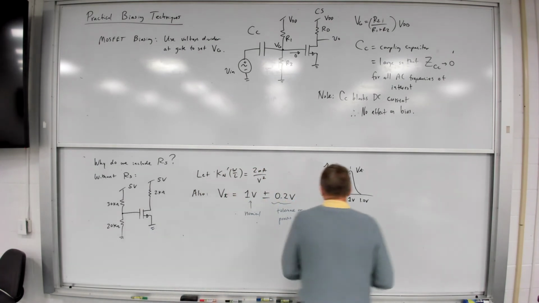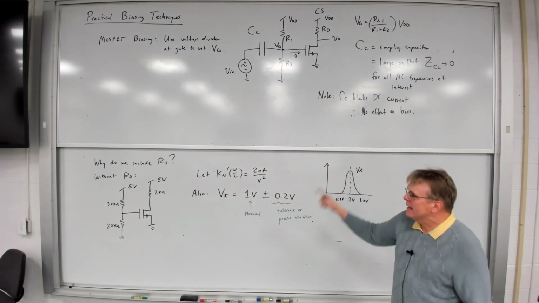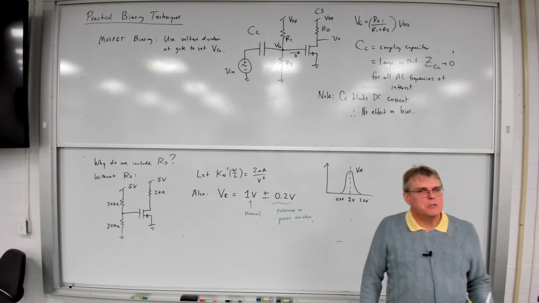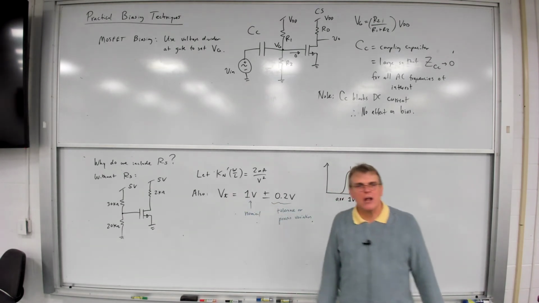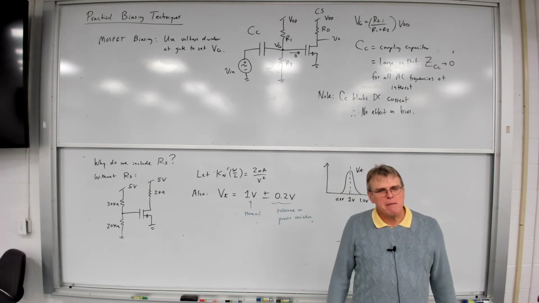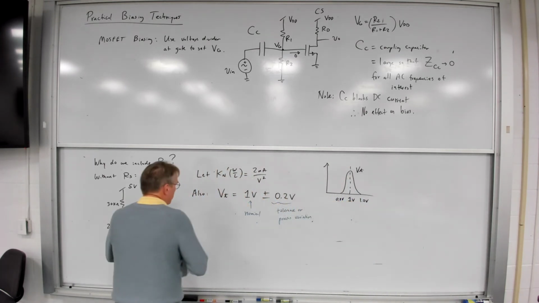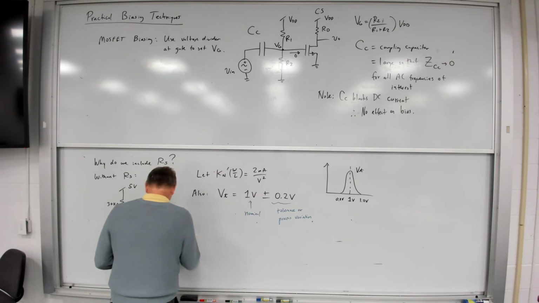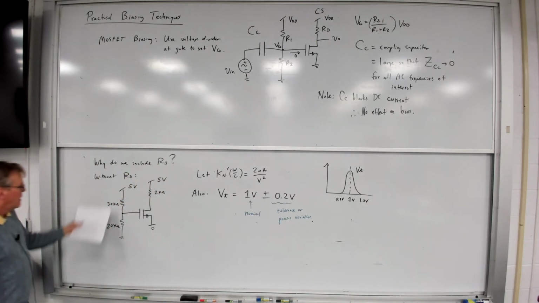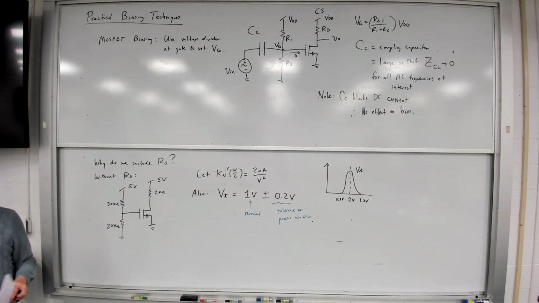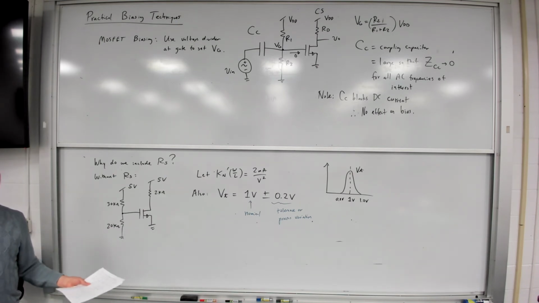All right, so let's find out what happens to the bias point given this tolerance. How much does the bias point shift? In this case, we can easily show that the transistor is going to be operating in saturation. I'm not going to bother to prove it, but I'm just going to go ahead and calculate the value of ID.